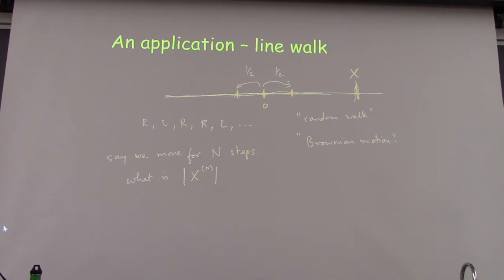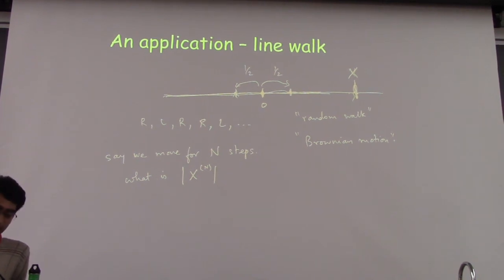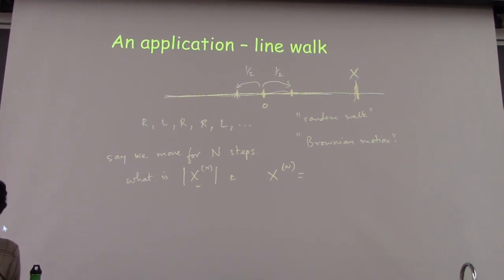So how would you analyze this, given what we've seen so far? If you move right, it's 1. If you move left, it's -1. This is a positional random variable, so it makes sense to write x superscript n as a sum of independent random variables, one for every time you move right or left: y1 plus y2 up to yn.